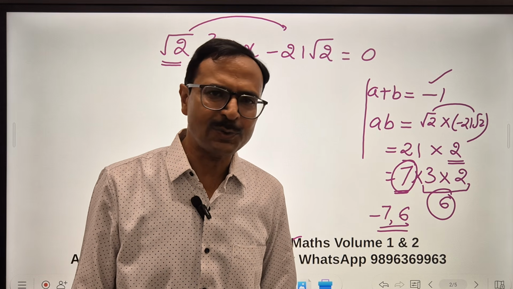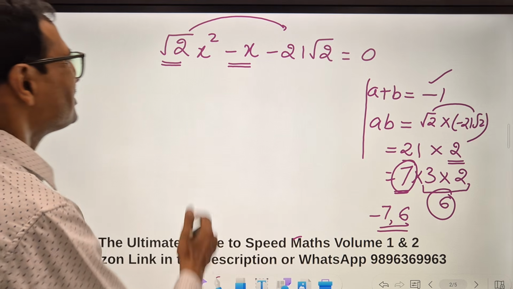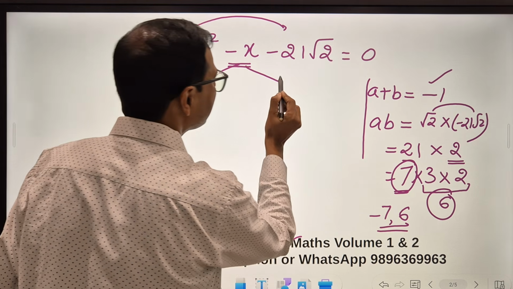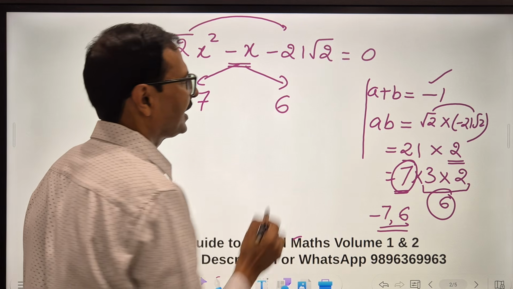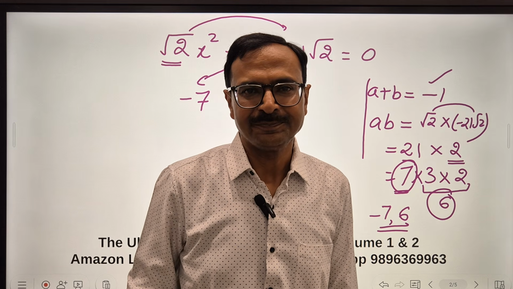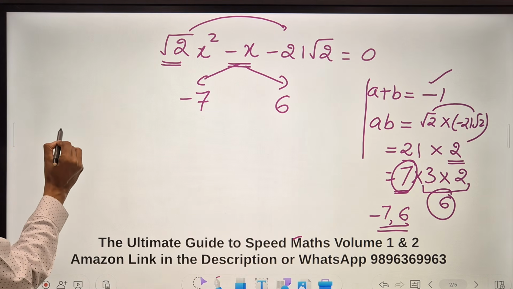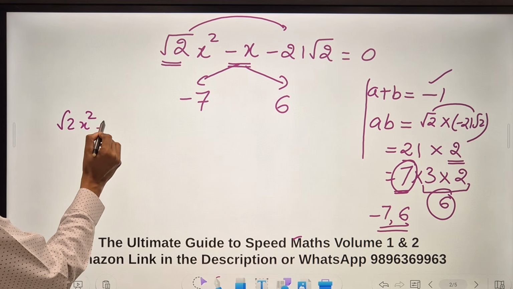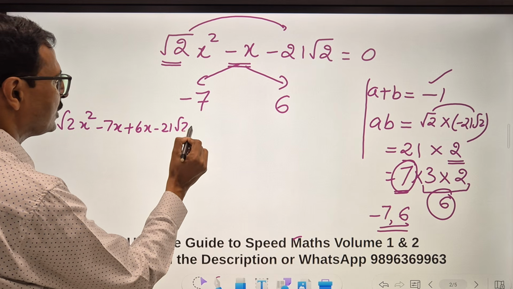Where is the demon in the question? Let me ask you rather, not tell you. Okay, so here we have the two middle term split factors, minus 7 and 6. Now after this, there are two ways of doing the question. One, using the traditional approach where you write root 2x square, then minus 7x plus 6x, then minus 21 root 2 equal to 0.